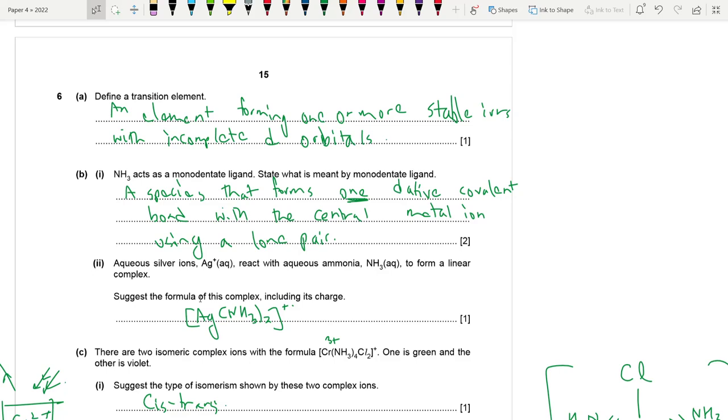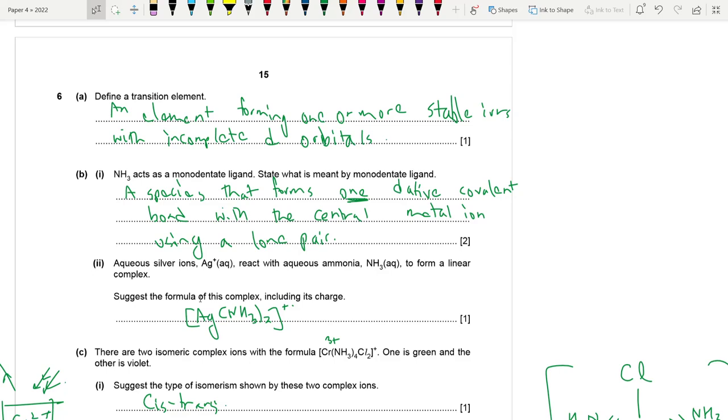It is a species that uses a lone pair of electrons to form one dative covalent bond to the central metal atom or ion.